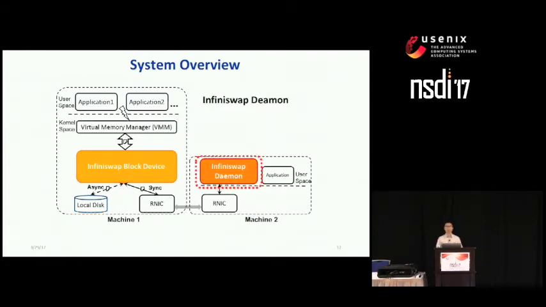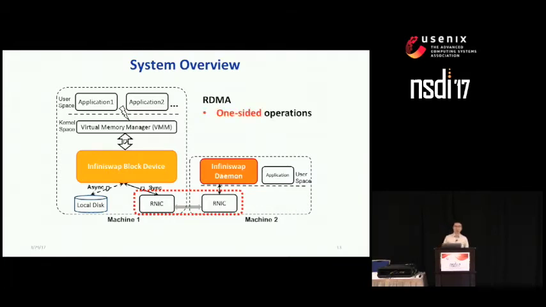The Infiniswap daemon has to maintain a local memory region so that it can provide remote memory service to the block device. All the components in Infiniswap are connected by the RDMA network. By using the one-sided operations provided by RDMA, components can do data transmission without the involvement of the remote CPU.